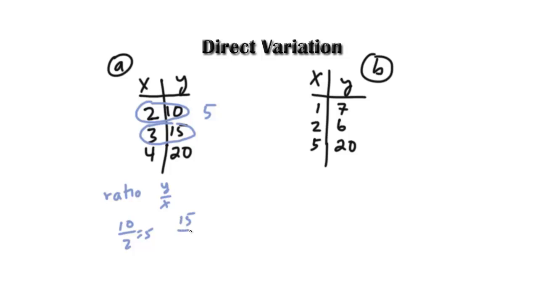So 15 over 3, y over x, I also get 5. And the same thing for 4 and 20. So 20 over 4, I also get 5. Whenever you have a consistent number like this, 5, 5, 5, and it doesn't change when you do y over x, that implies that this is a direct variation.